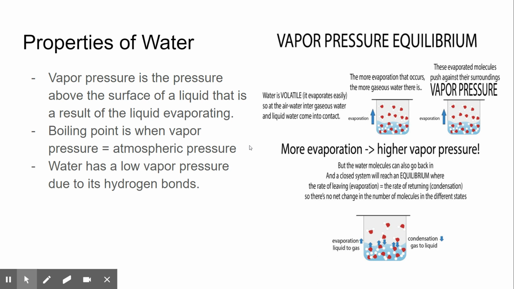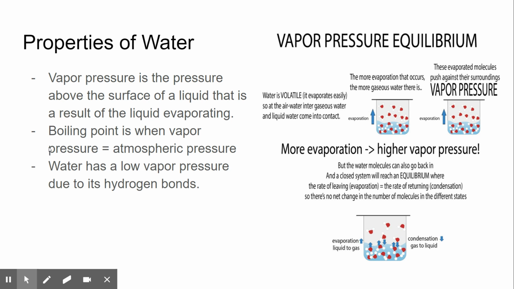It also means that water will have a relatively high boiling point, because boiling point is when vapor pressure equals atmospheric pressure. If vapor pressure is low, then it's going to take quite a bit. The temperature has to be relatively high to increase the vapor pressure enough to make it equal to atmospheric pressure.